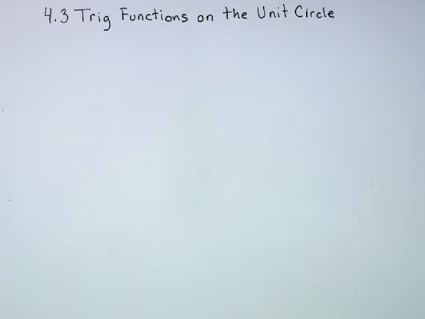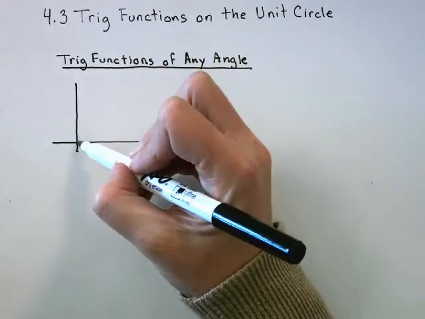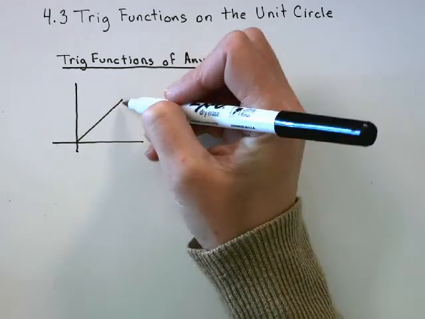Okay, now we're going to be talking about trig functions on the unit circle. Before we talk about this unit circle, we're going to talk about trig functions of any angle. So we're going to draw an angle in standard position.